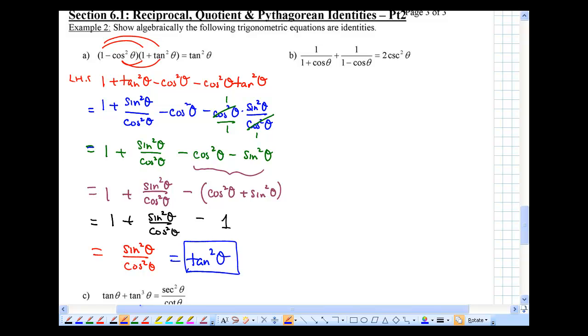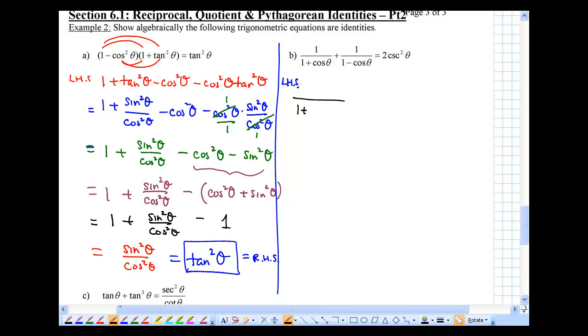Okay, I'll let you try the next one. Same kind of principles. If you can start from the ugly side and make it equal to the nice looking side, life is good. So I'm thinking for part B, if I were you, and I'm not, but if I were you, I start on the left hand side. Notice we've got fractions, the denominators are different, so my advice to you is probably make them into fractions with the same denominator.